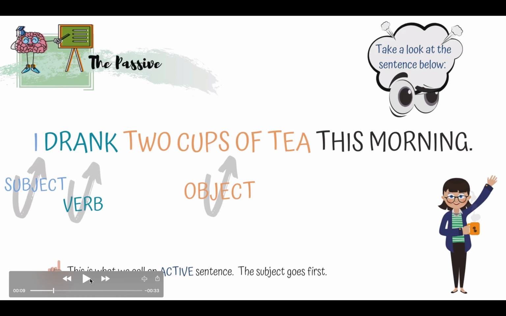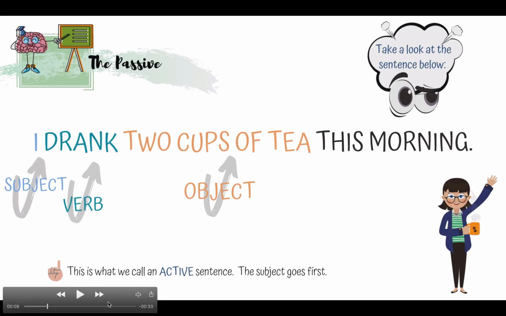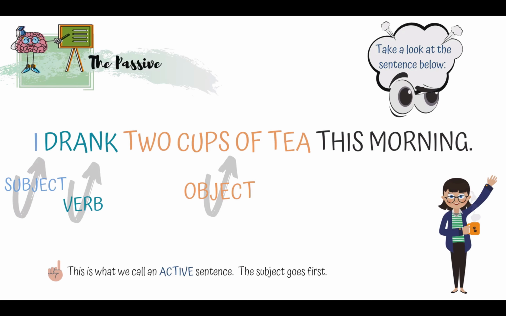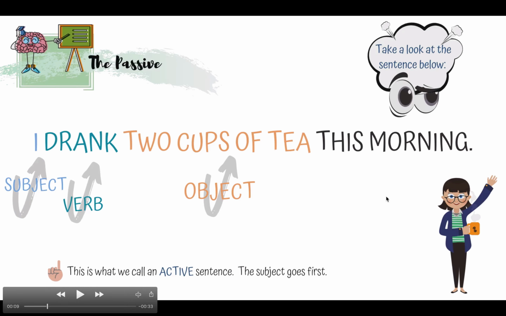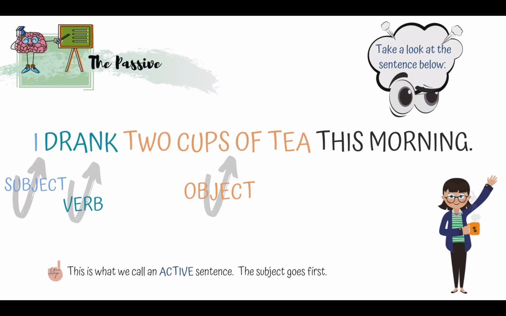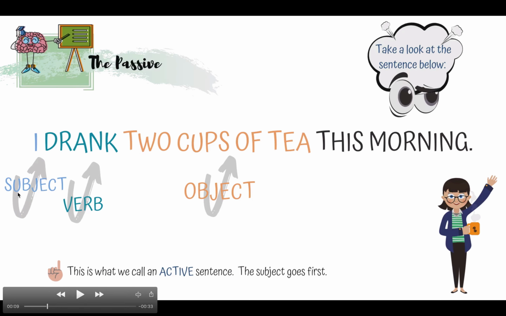So let's have a look at this sentence, okay? So I drank 2 cups of tea this morning. So this sentence is what we would call an active sentence, okay? It's active because we have our subject, which in this case is I, which goes at the beginning.